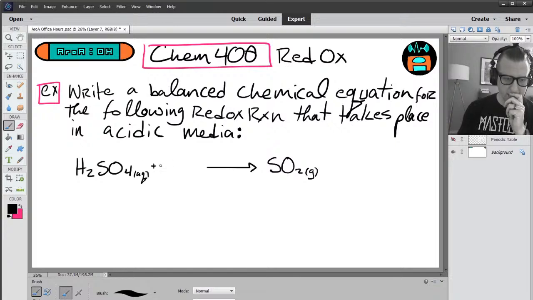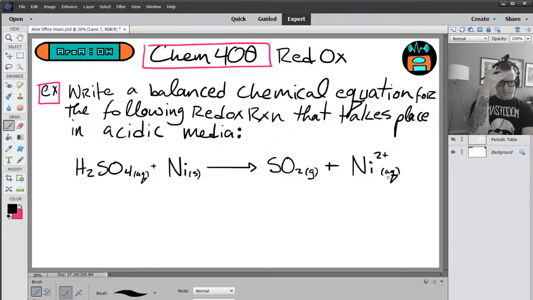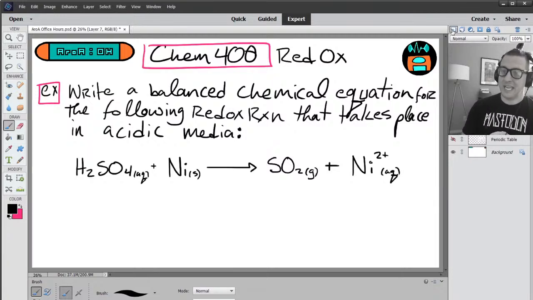And we're going to react this with solid nickel, and we're going to make aqueous nickel 2 cations. Let me just make sure that everything adds up. Okay, so cool. Let's go ahead and write a balanced chemical equation for this reaction that takes place in acidic media.